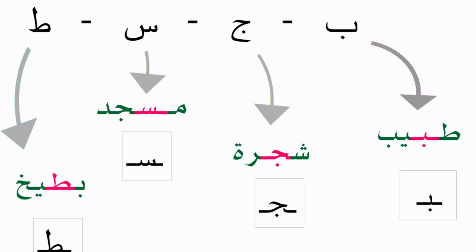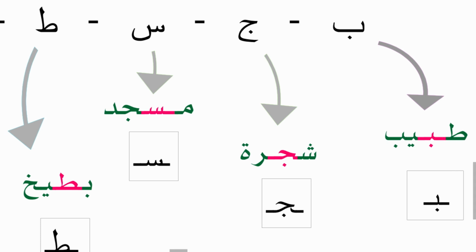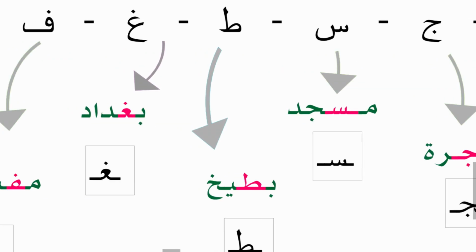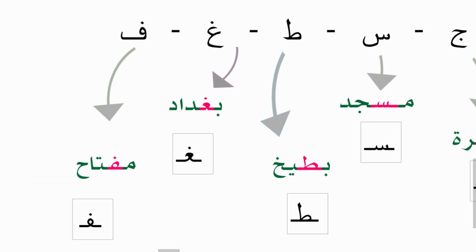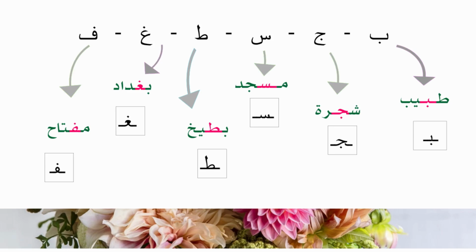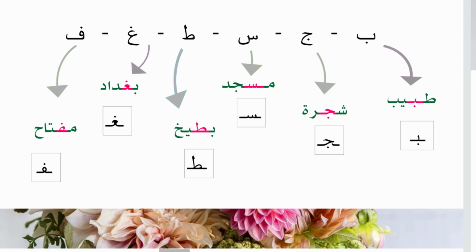J and S are the same. They are connected from both sides, right and left, and so on. Ta, Ghain, Fa. They are all the same. They all accept the short line from both sides.